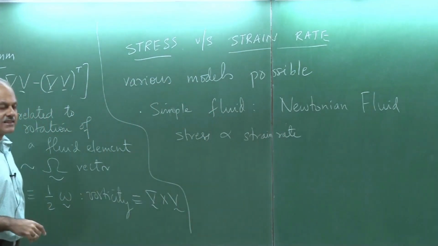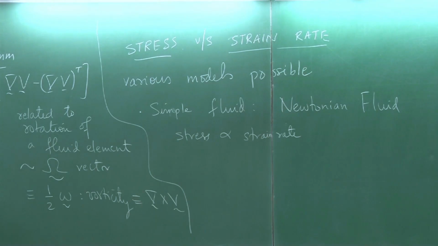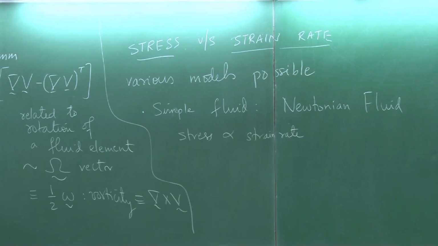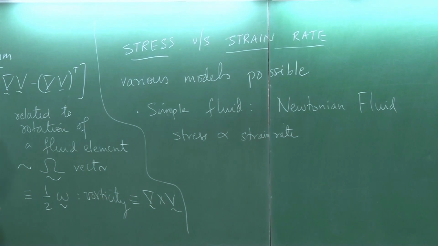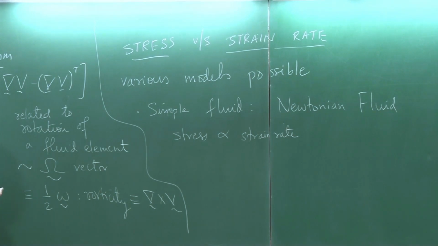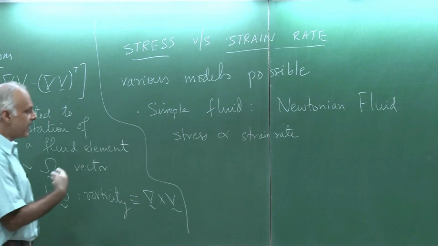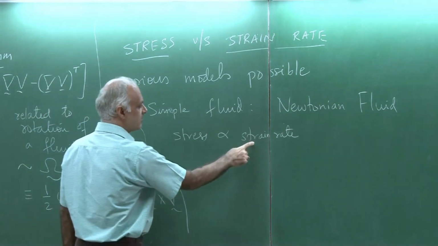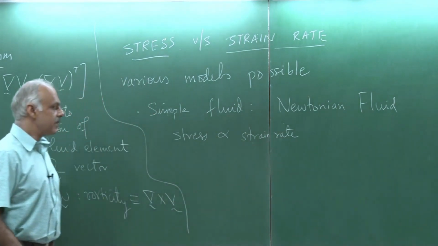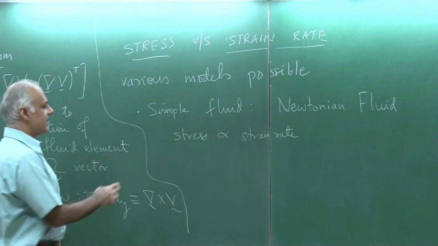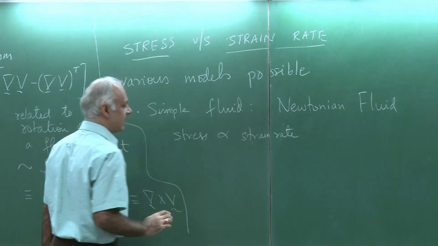Okay, it's a linear relationship. So for example, when you look at solid mechanics, or you may have studied in your high school, Hooke's law, which says that stress is directly proportional to strain. And then you have the proportionality constant, which is the coefficient of elasticity, the Young's modulus. So in fluid mechanics, we cannot talk of just strain, we talk of a strain rate, but the simplest fluid would have that the stress is generated by strain rate.